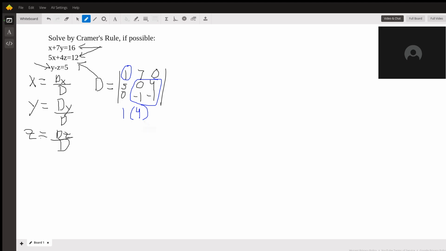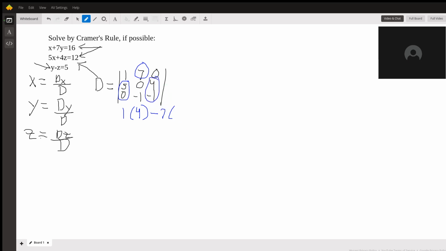Now I'm going to take 7, but remember the sign convention, so I'm going to put a minus here. So it's going to be minus 7 times the determinant of these.